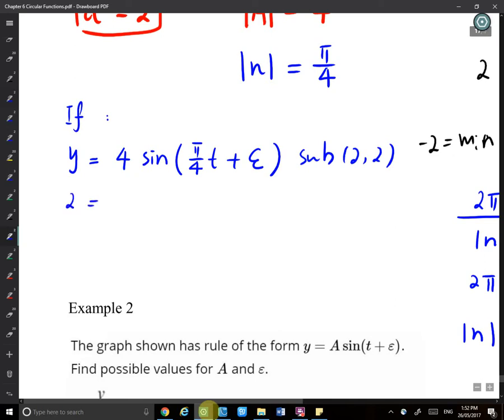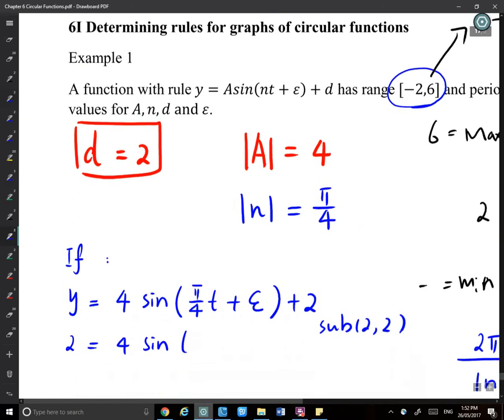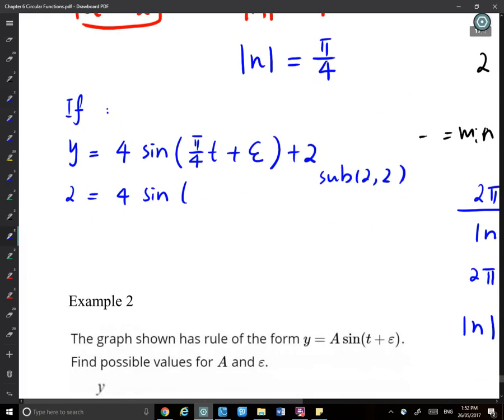So 2 equals 4 sine bracket, and we'll have the d value as well, plus 2. Substituting t equals 2, we get pi over 2 plus epsilon, plus 2.